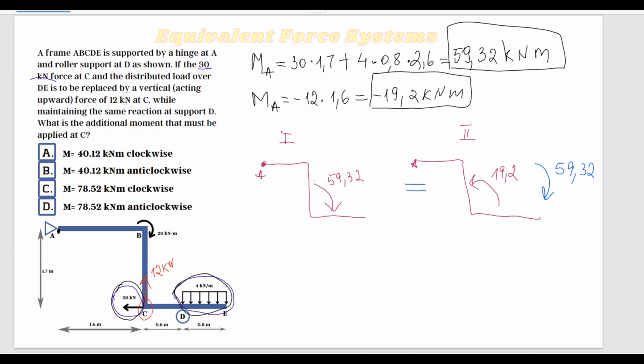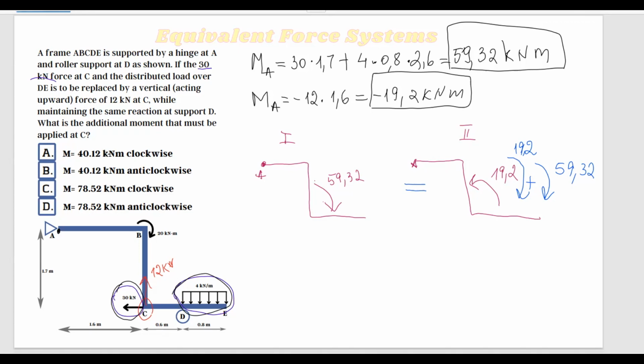So we have to add a moment of 59.32, and we also have to add a moment of 19.2, which is going to get rid of this counterclockwise moment. So this with this, it's going to go away and I'm going to be left with the 59.32 moment. Does that make sense? I hope it does.